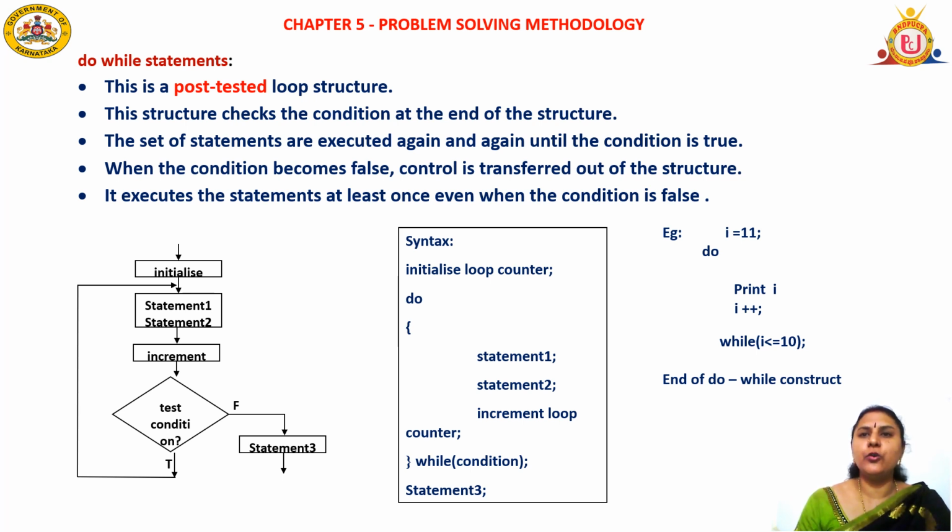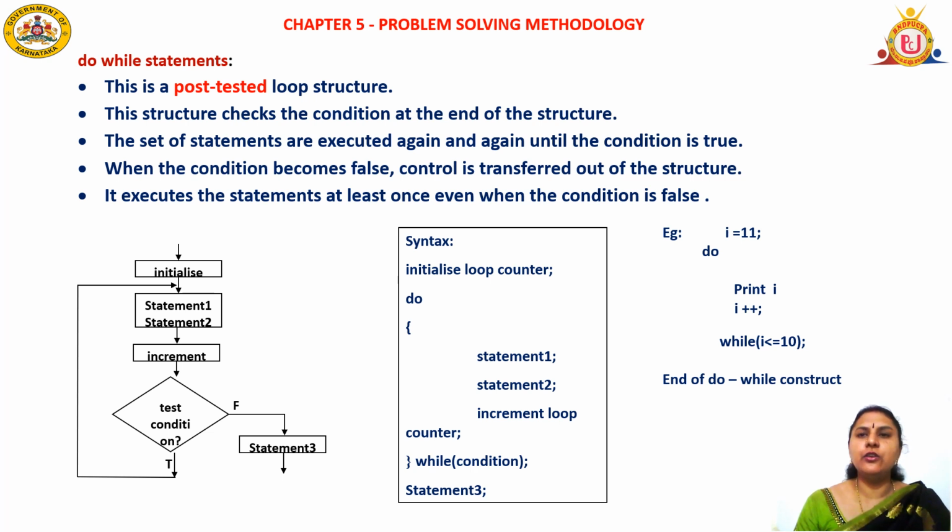Example program we are going to discuss. I want to print the numbers from 1 to 10. So, for example, initial value I will assign I is equal to 11. Do print I means it is going to print 11. I plus plus means the value of I becomes 12. So I am going to check the condition while 12 less than or equal to 10.